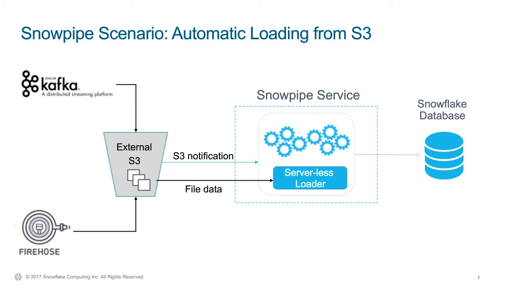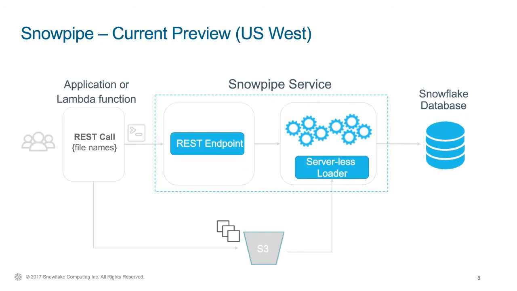The following slide shows you an illustration of the current preview with the REST calls. So on the left-hand side, you see your application. This can be an actual application that you're running somewhere, for instance, on a virtual machine, but it could also be code that you're running in an AWS Lambda function. And that Lambda function or application then takes care of placing the load files in the S3 bucket.